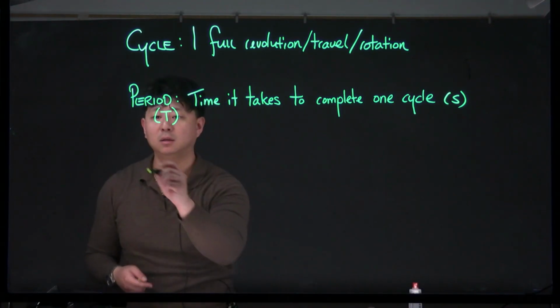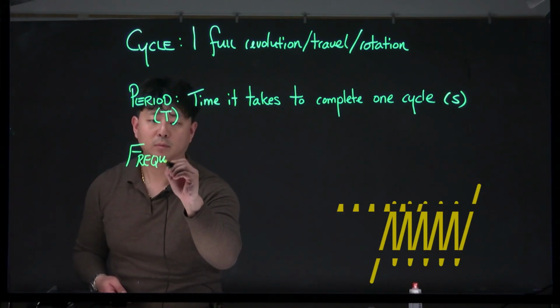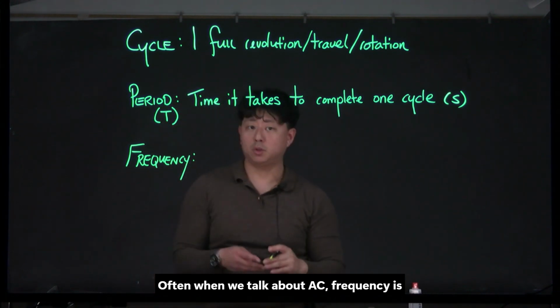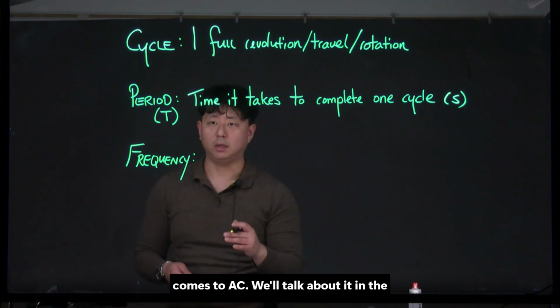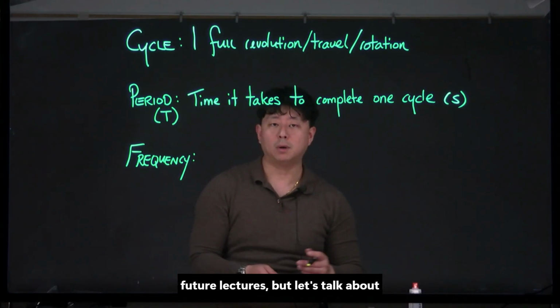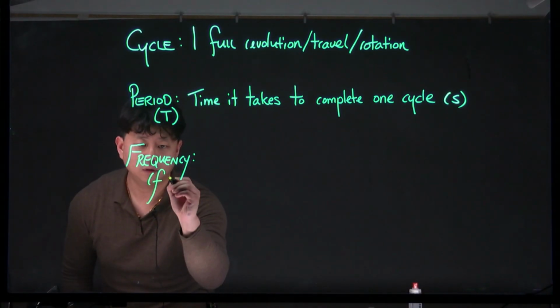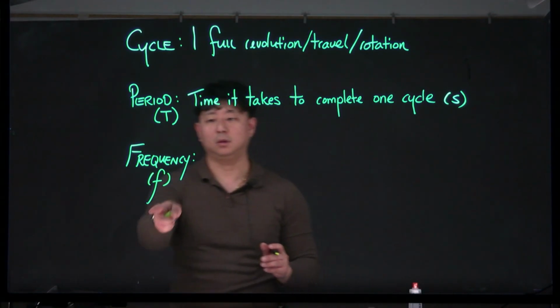The next, frequency. Right? Often when we talk about AC, frequency is a big deal. Yes, it is a big deal when it comes to AC. And we'll talk about it in future lectures, but let's talk about what the frequency means. Frequency has a symbol of the letter F, or small f, it's fancy.